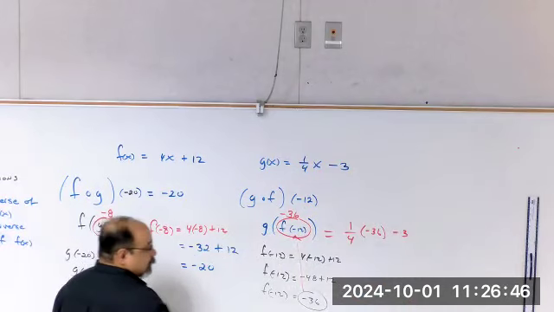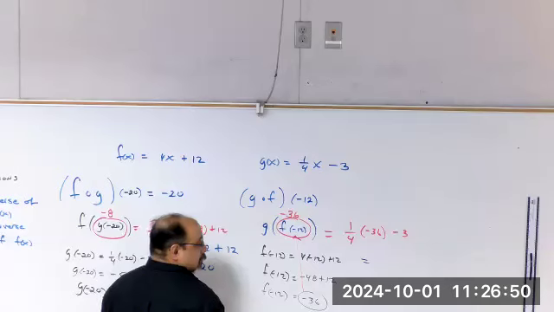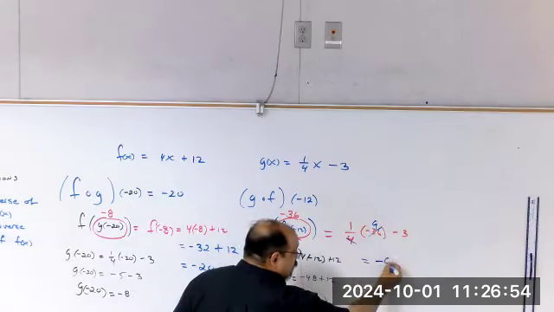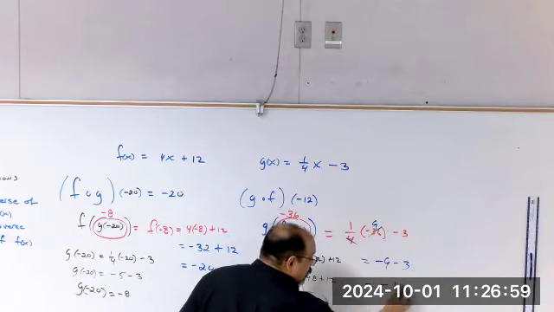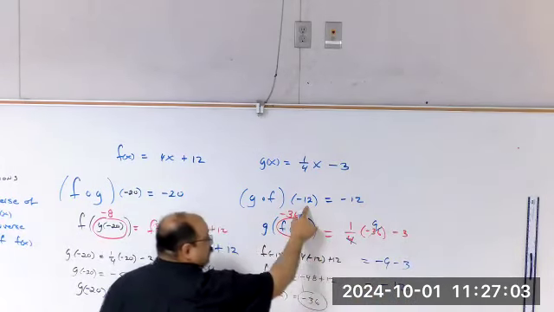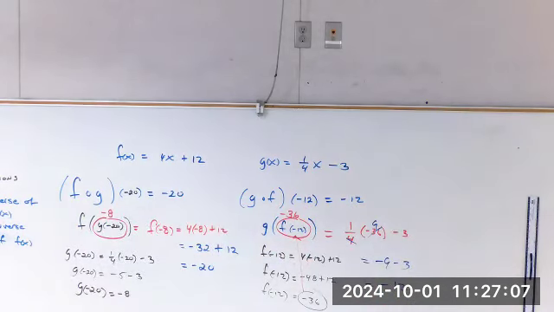Positive times the negative would be a negative, and 4 goes into 36 9 times. So it's negative 9, and then a minus 3. Negative 9 minus 3, negative 12. Negative 12 goes in, negative 12 comes out. Because they're inverse functions of each other. They undo each other.